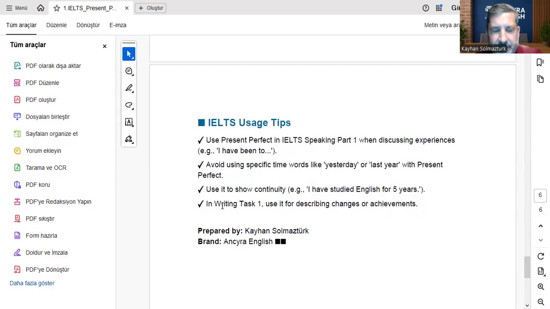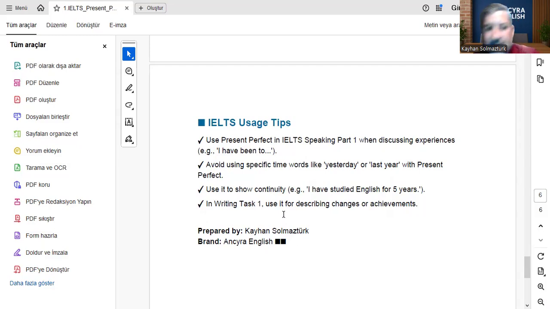Okay, so in writing task one, for the academic training of the IELTS examination, you describe charts and graphs, etc. And for the general training of the IELTS examination in writing task one, you usually write formal letters, right?